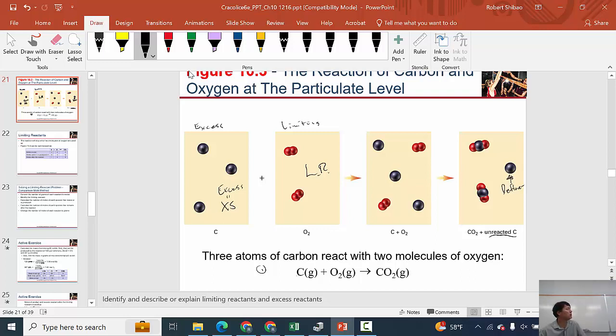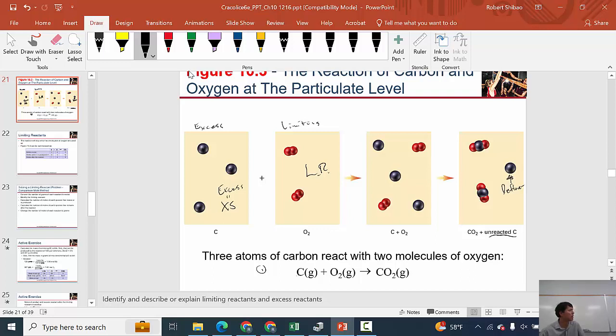And so what we do is we assume there's plenty of oxygen. If there's plenty of oxygen, then in theory, we should be able to build 3 CO2s. But if we have only 2 O2s, how many CO2s can we form? Only 2. So this is like the bicycles. If I have 3 frames, I could build 3 bicycles. But if I only have 4 wheels, 4 oxygen atoms, then I can only build 2 bicycles.